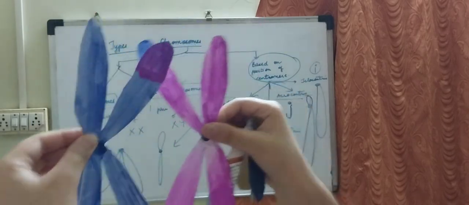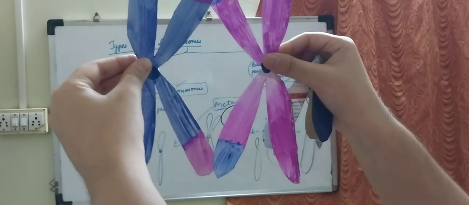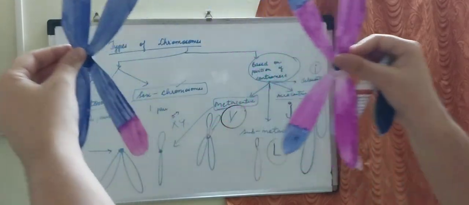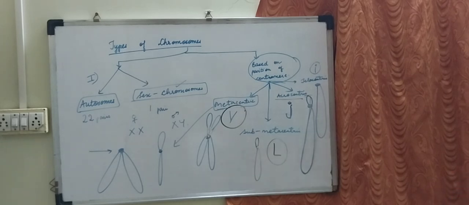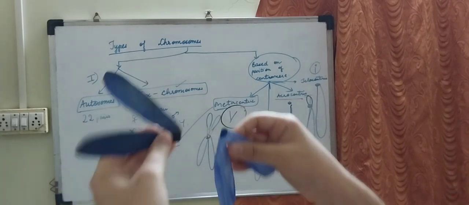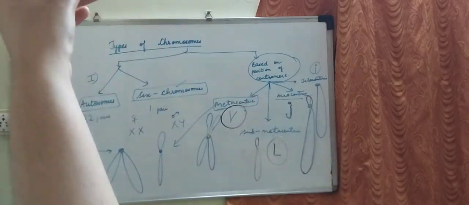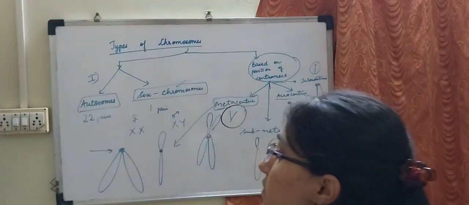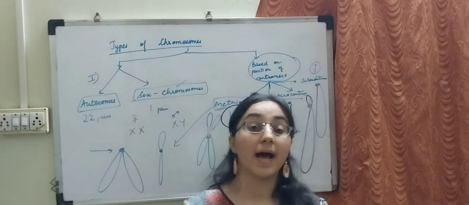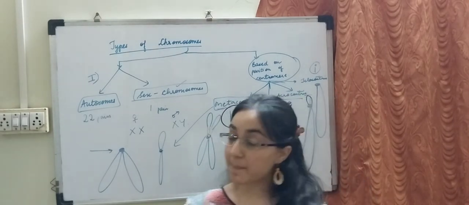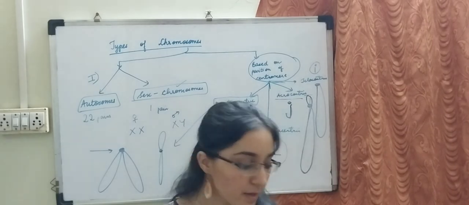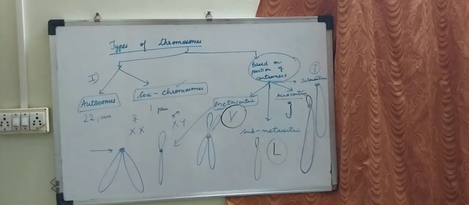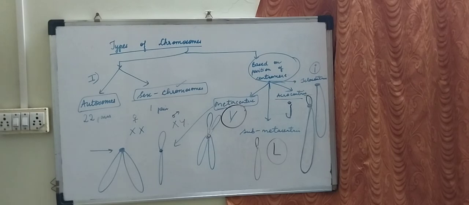So during anaphase 1 of meiosis 1 the homologous chromosomes separate, and during anaphase 2 of meiosis 2 the chromatids separate. The paternal chromosome's chromatids will separate and the maternal chromosome's chromatids will separate, and this will be the cell division. So this was today's concept.